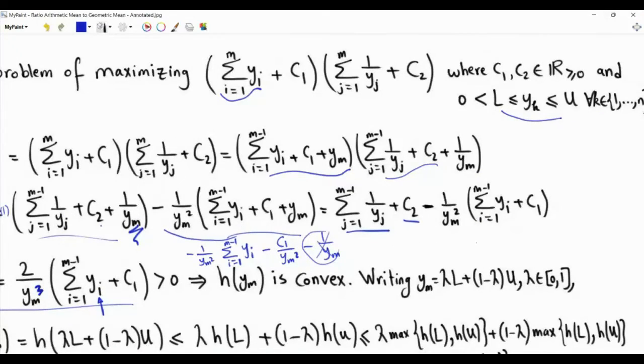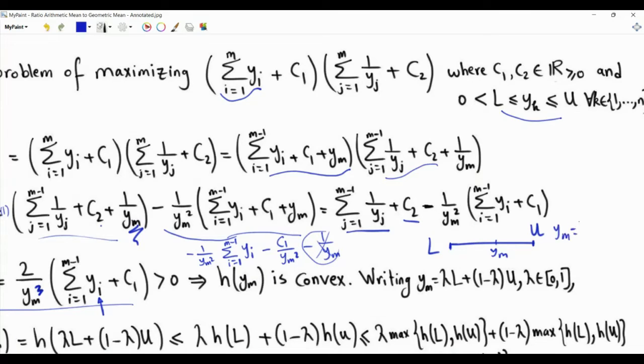Now, ym is a variable and it lives between L and U. So we can write down ym as a convex combination of L and U. So there exists a lambda between 0 and 1 such that ym is lambda times L plus 1 minus lambda times U. And given ym, we can find lambda, right?